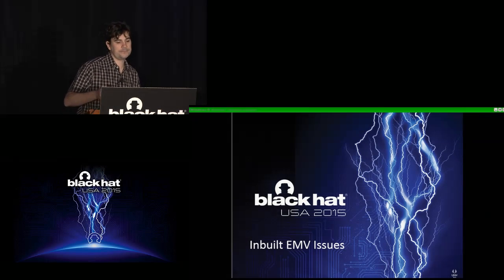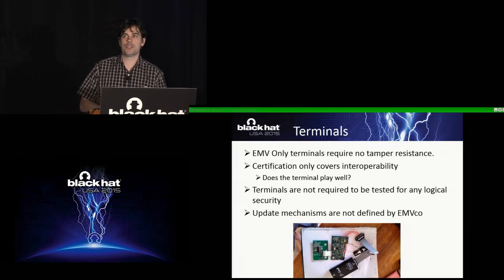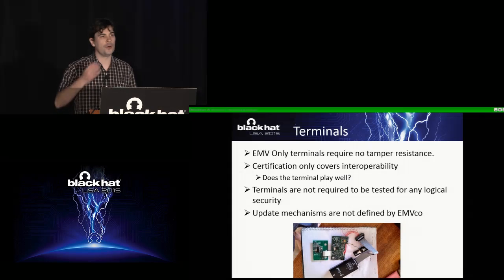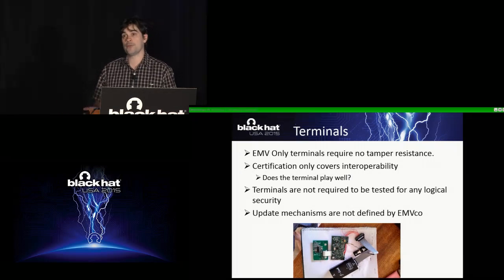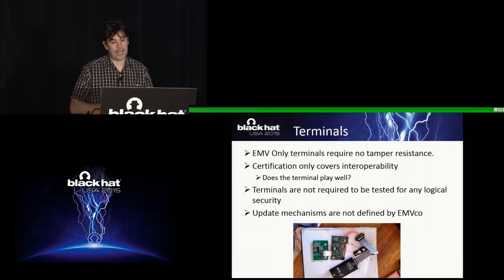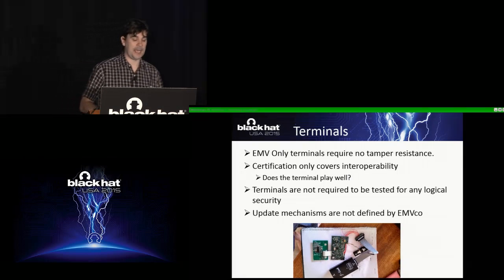So in these issues, generally, you have a huge amount of problems with the terminals. The issue with these terminals, generally for contactless terminals and the standalone EMV chip terminals, is that there's a lack of physical security protections in them. There's a lack of software security protections in them. The device I got off eBay had exposed JTAG ports.